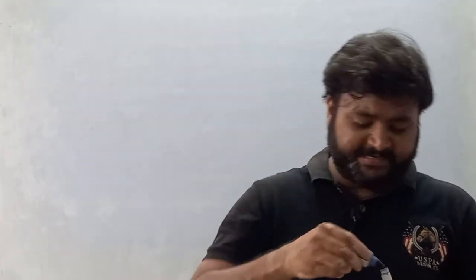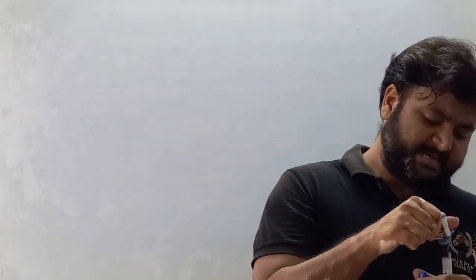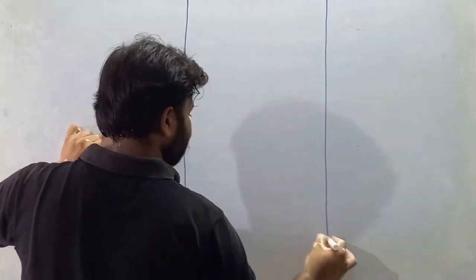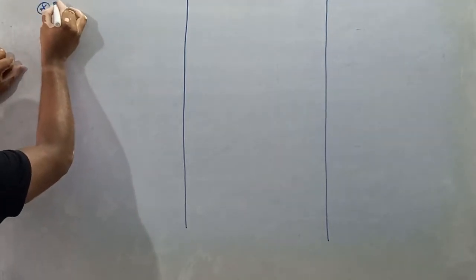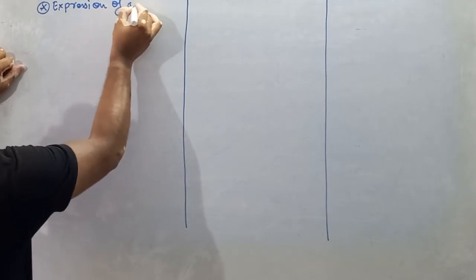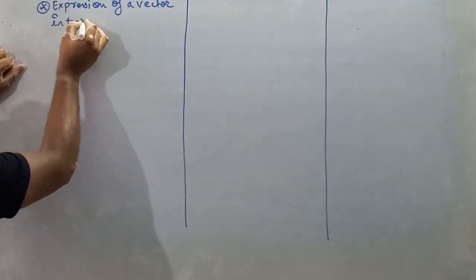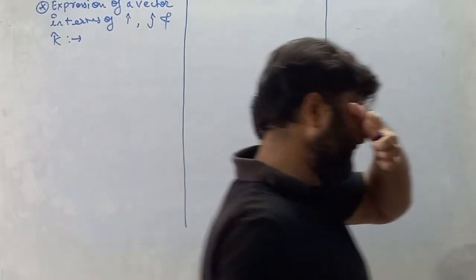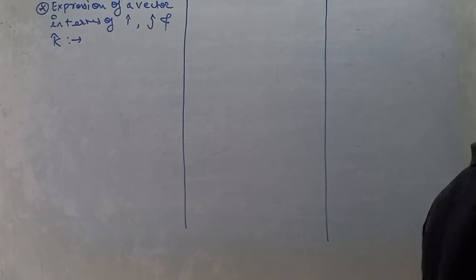Now moving forward to our next topic, write it down: expression of a vector in terms of i cap, j cap and k cap.